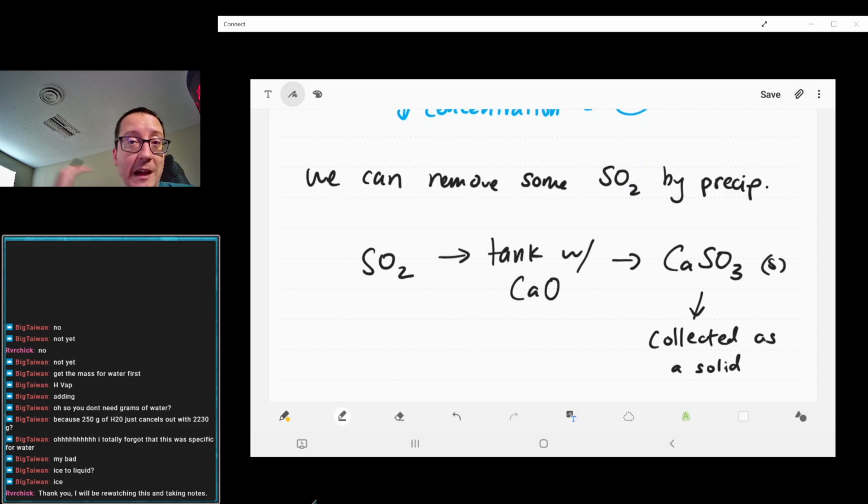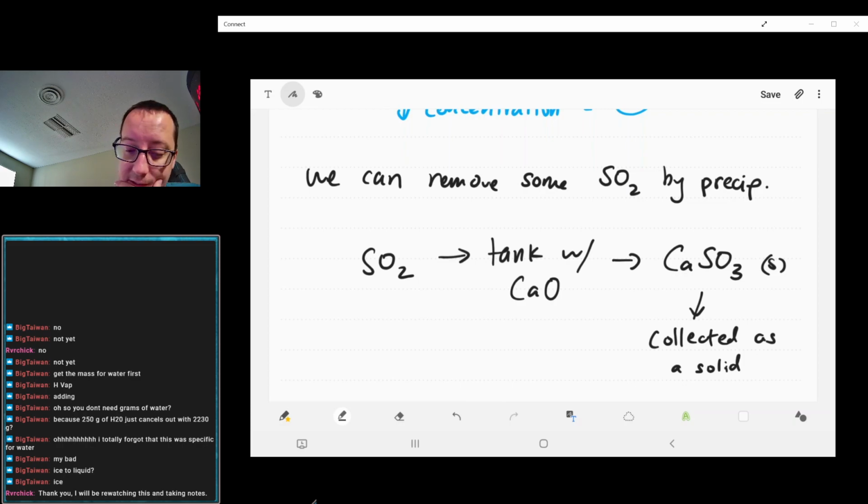So it is diluting the amount of SO2 that would be released into the atmosphere through the exhaust of burning this coal. By capturing it as a solid, we're removing it. We're decreasing our concentration of SO2 in the exhaust air. Unfortunately, it doesn't get all of the sulfur dioxide out, but it gets quite a bit of it.